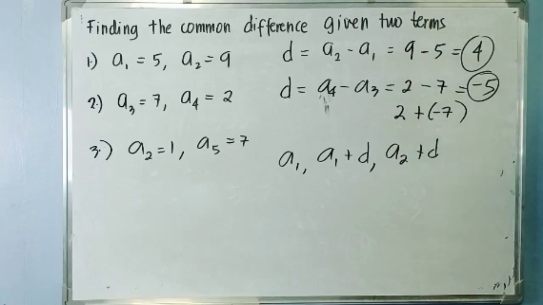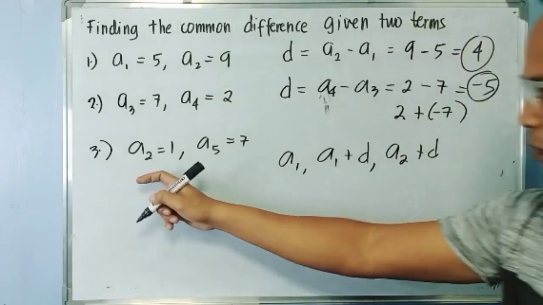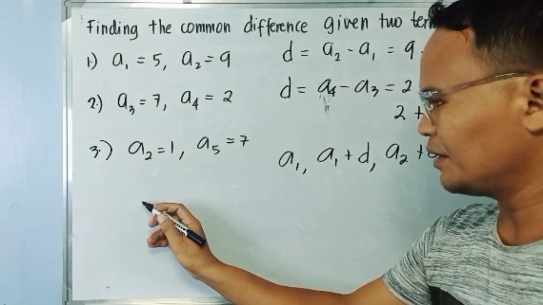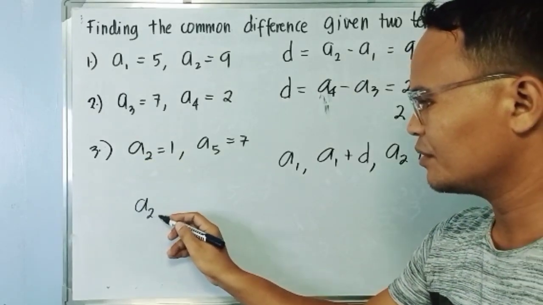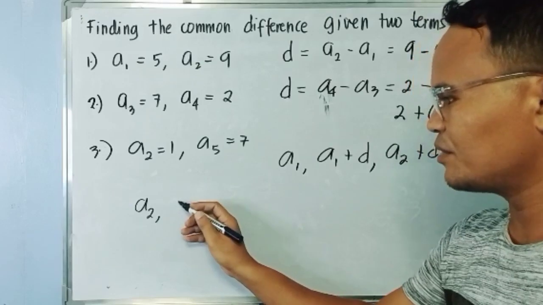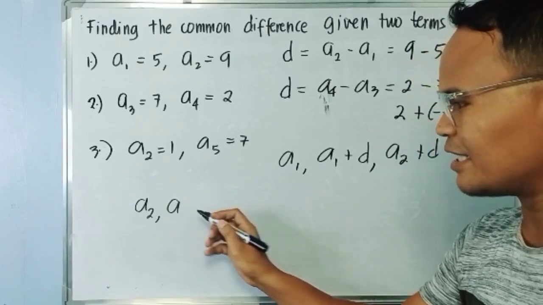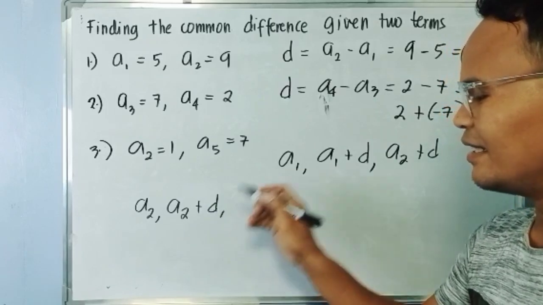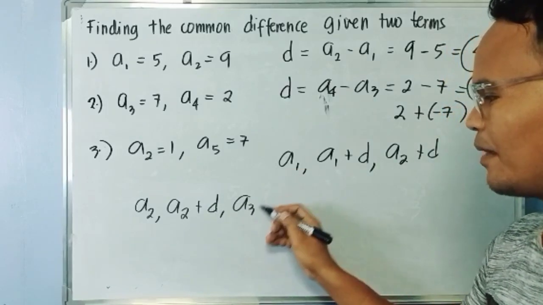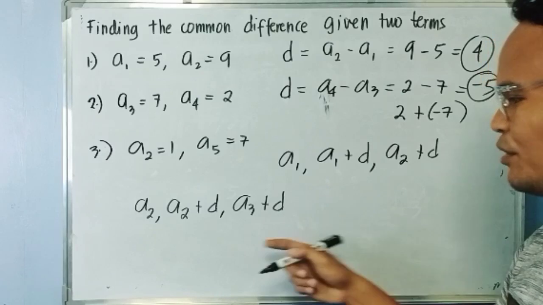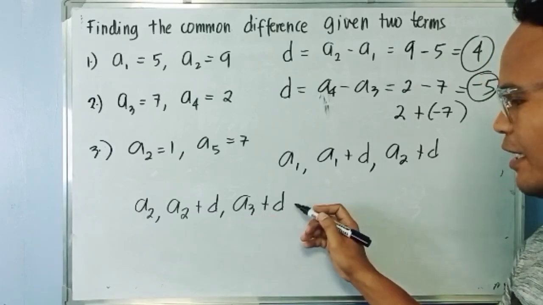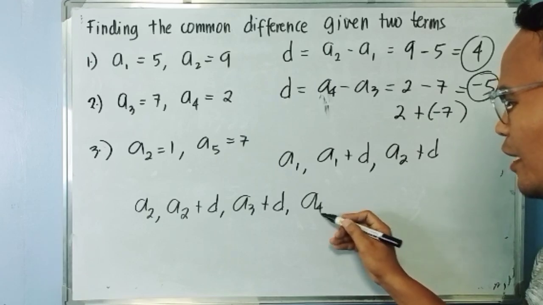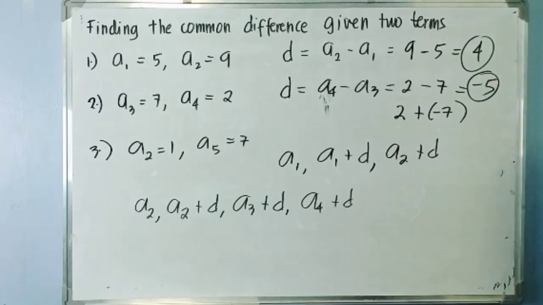In this case, we have no first term, so we use the second term. So a sub 2 next is a sub 3, and a sub 3 is obtained by adding a sub 2 and the common difference. And a sub 3 plus the common difference gives the fourth term. And for the fifth term, a sub 4 plus d.